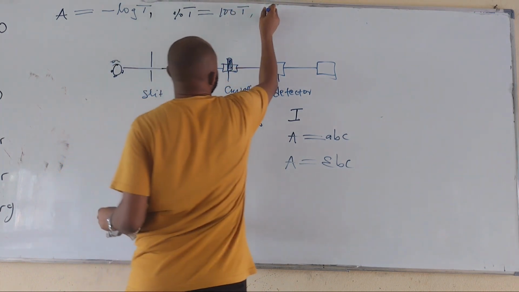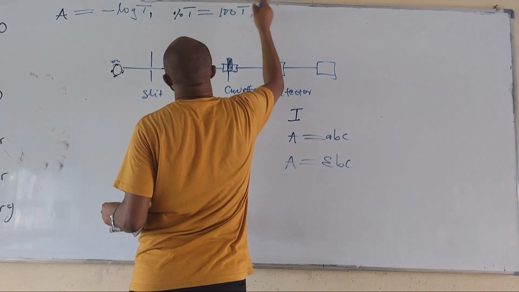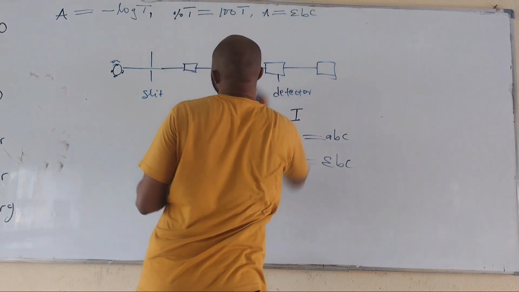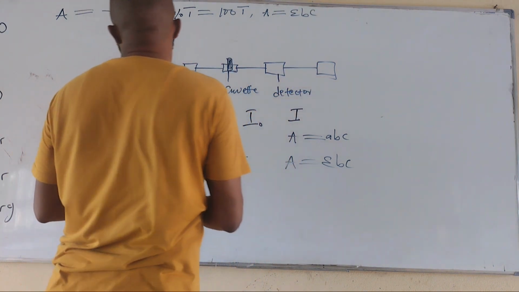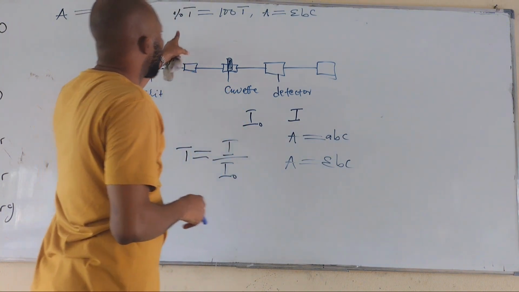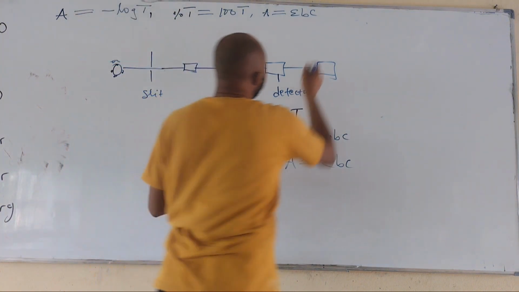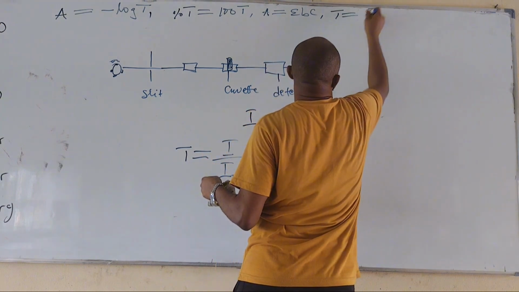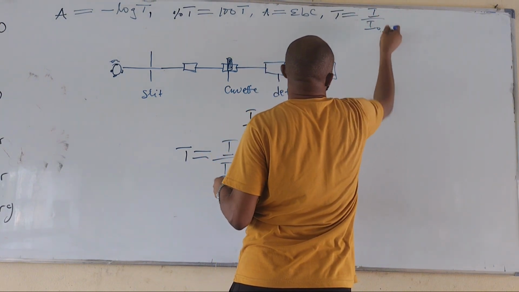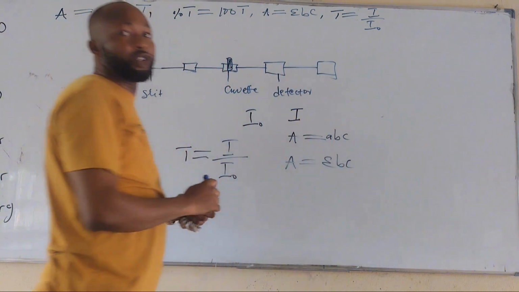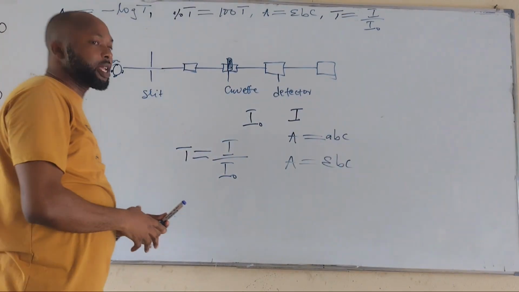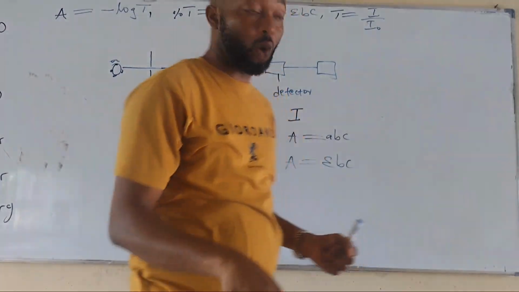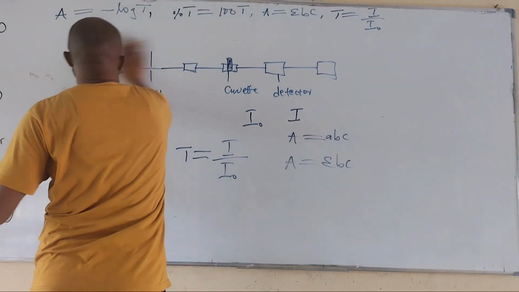And we also have absorbance, which is equal to epsilon bc, and also minus log T. And we have transmittance, finally, which is I over I0. So these are the formulas we are going to use today to solve calculations on Beer-Lambert's law. So let's take our first question, for example.